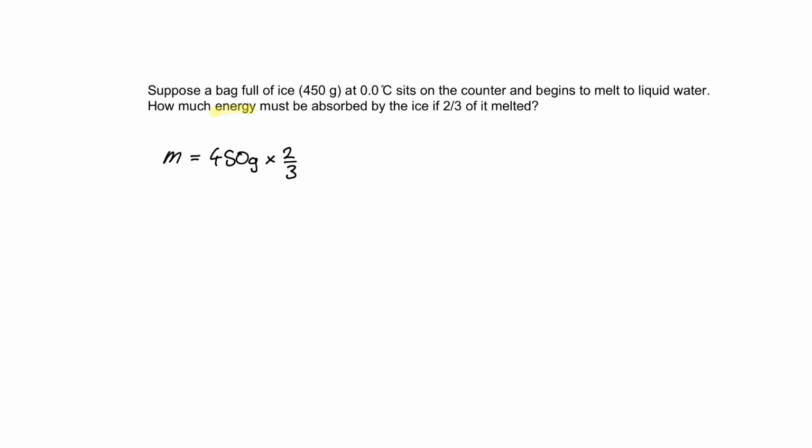Now we're again looking for the energy. So our energy in joules is going to be equal to m Hf, where m again is our mass over here, and Hf is a constant that comes from the energy required to melt ice, and that's 334 joules per gram.